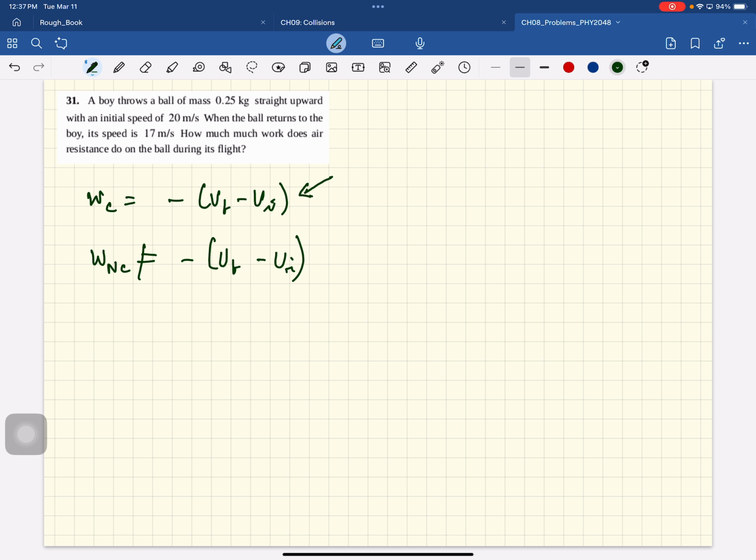Now if you check your notes, you'll see that work done by non-conservative forces is equal to the change in mechanical energy: kinetic energy plus potential energy final, minus kinetic energy plus potential energy initial.